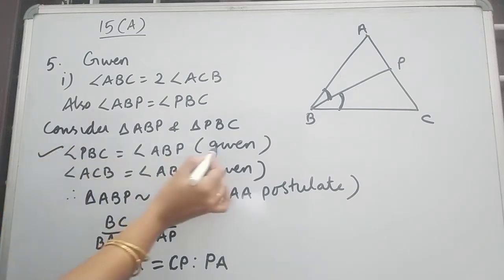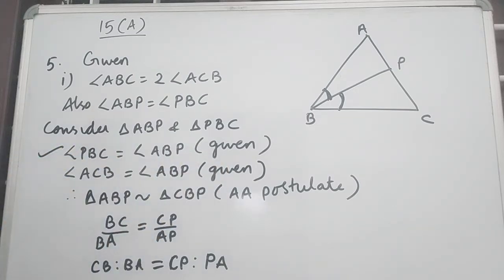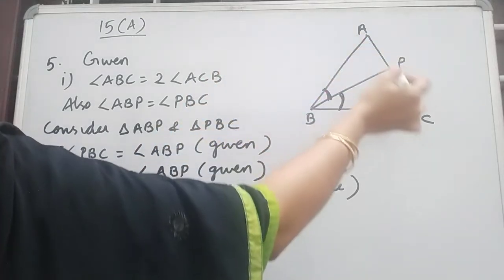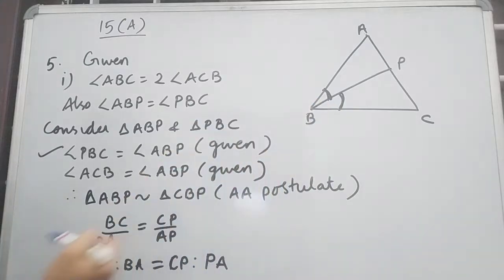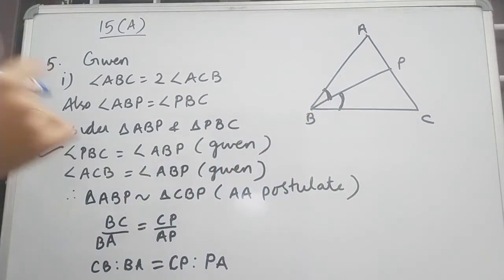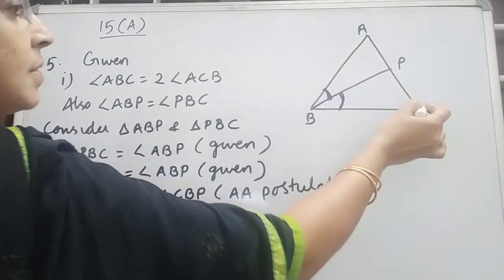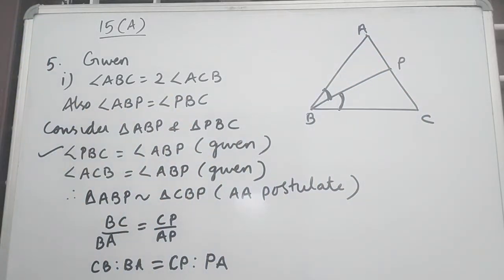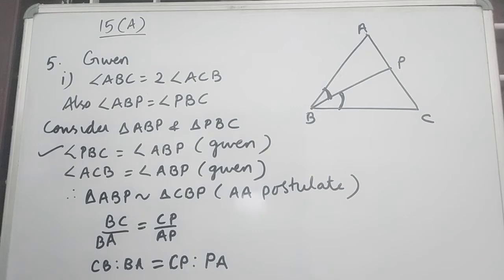So it is given since it is a bisector. Also given ACB is equal to ABC. Look at ABC. So what will happen to the remaining angle?